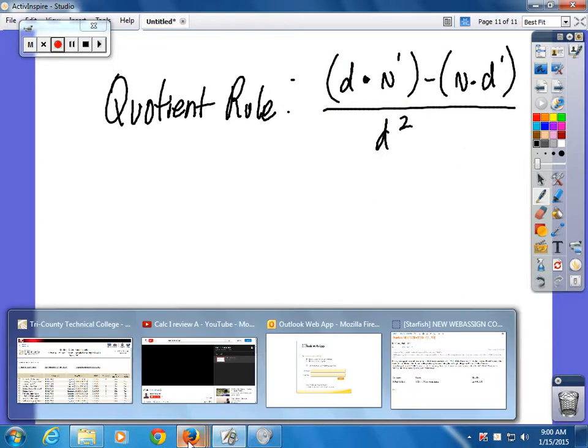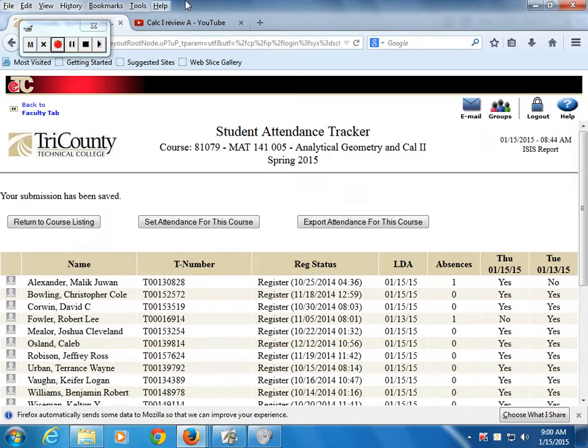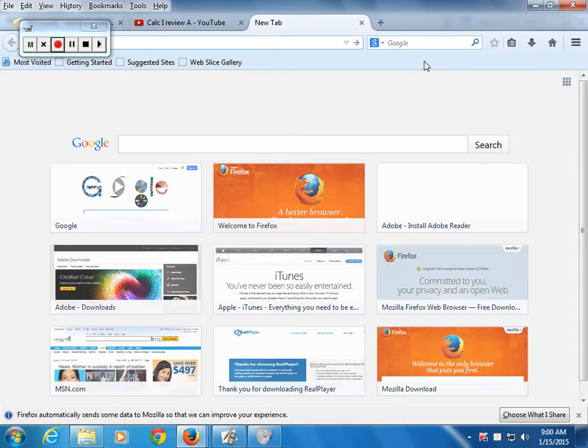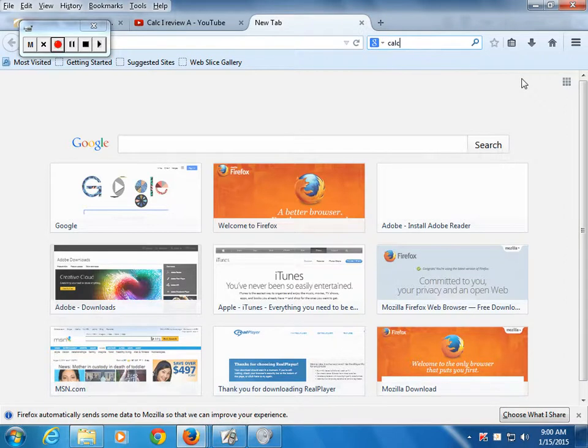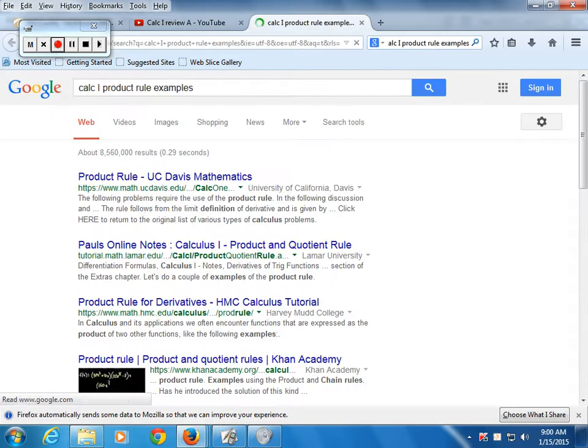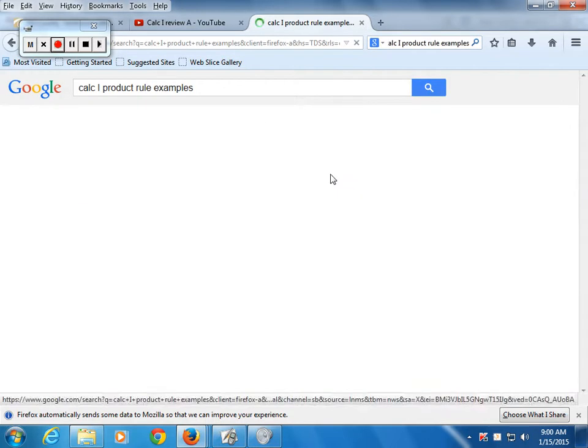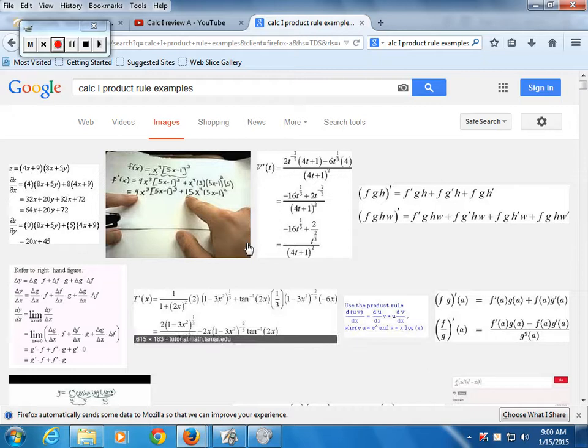The product rule, there we go. Let's go with product rule examples. Okay, one like this, that's good.